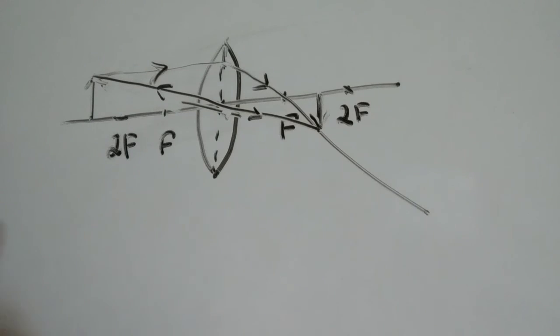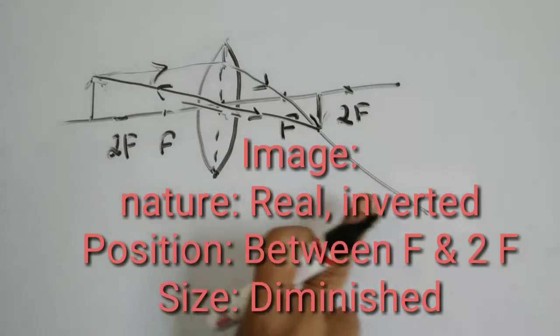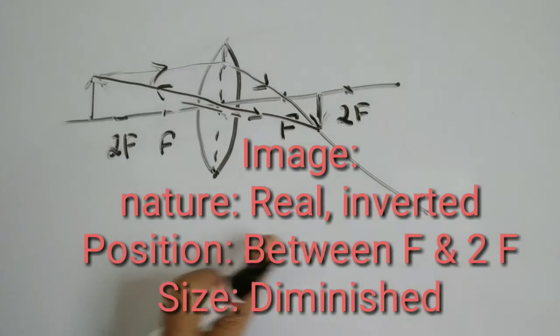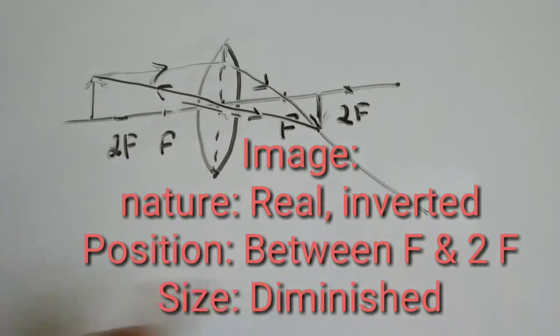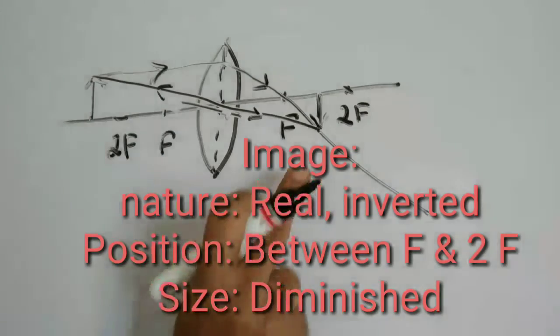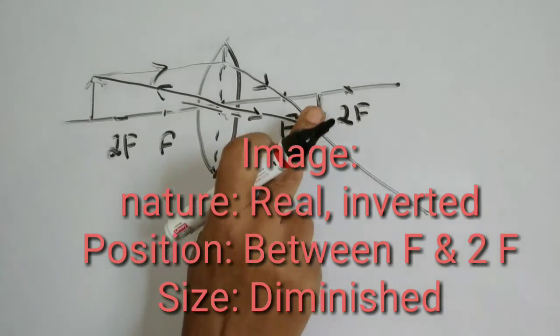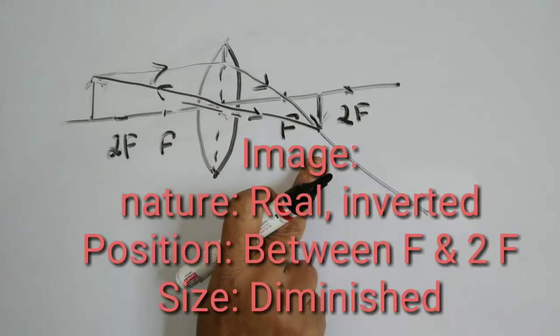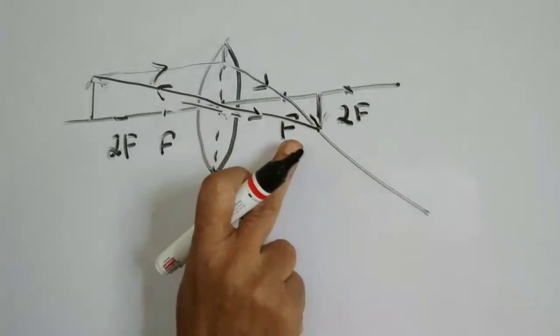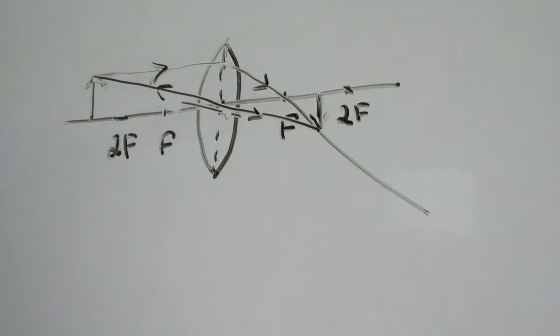When you are writing the result of a ray diagram, 3 things should be there: nature of the image, position, size. Here the size is diminished, nature real and inverted, position between f and 2f. Clear? This is how we have to mention the result.